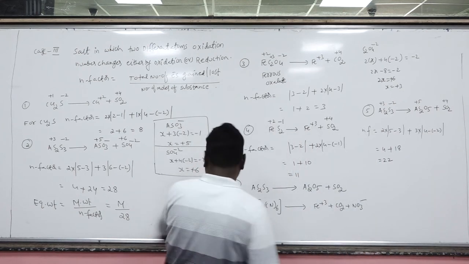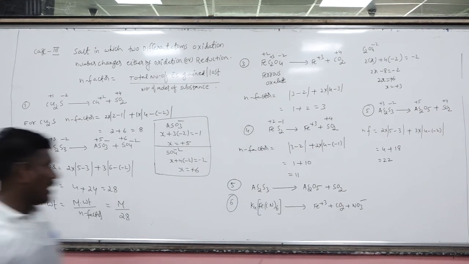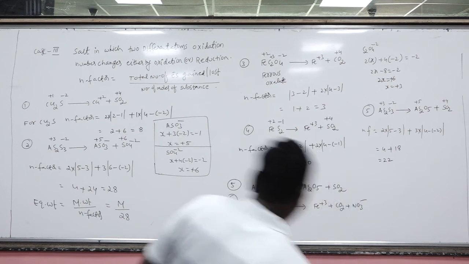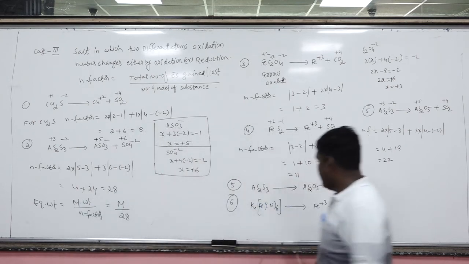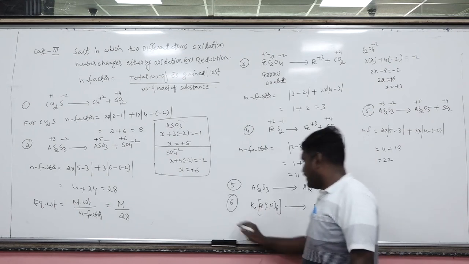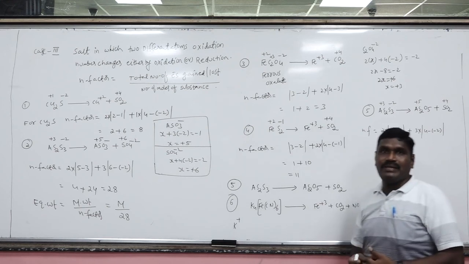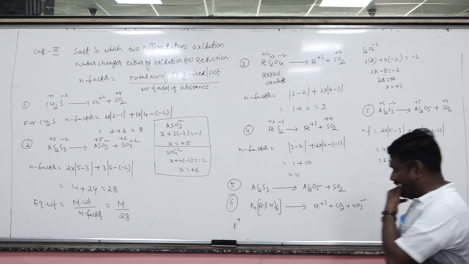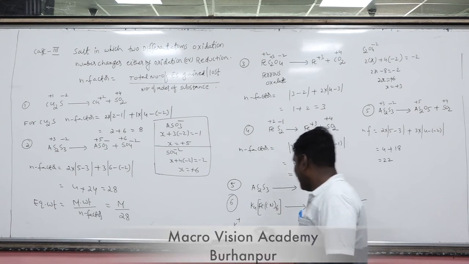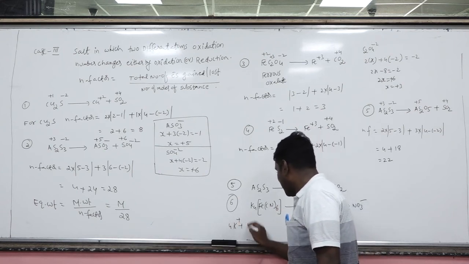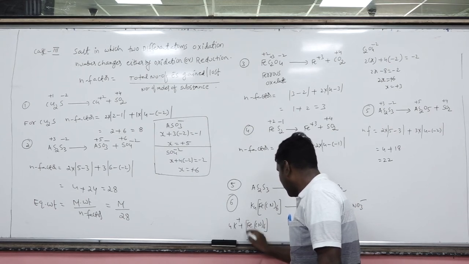So N factor for arsenic sulfide is 22. And one more question is there, the sixth one, that is K4Fe(CN)6. First of all, we have to know the oxidation number. Potassium we know is plus 1 because alkali metals oxidation number is plus 1. Now what about the iron cyanide? So shall I write this as 4K plus, Fe(CN)6 whole minus 4.